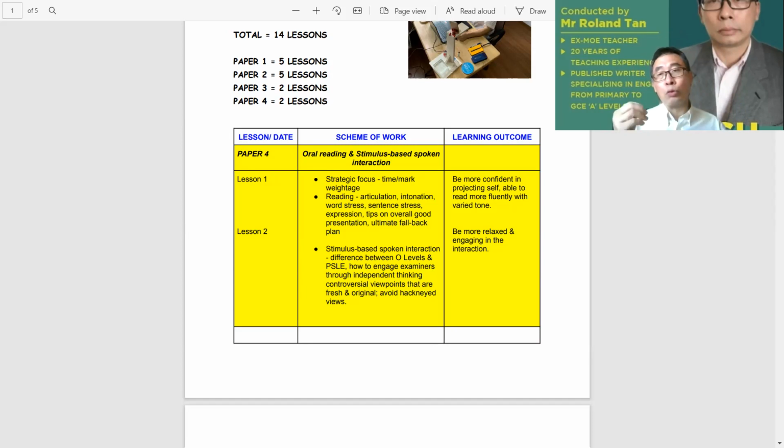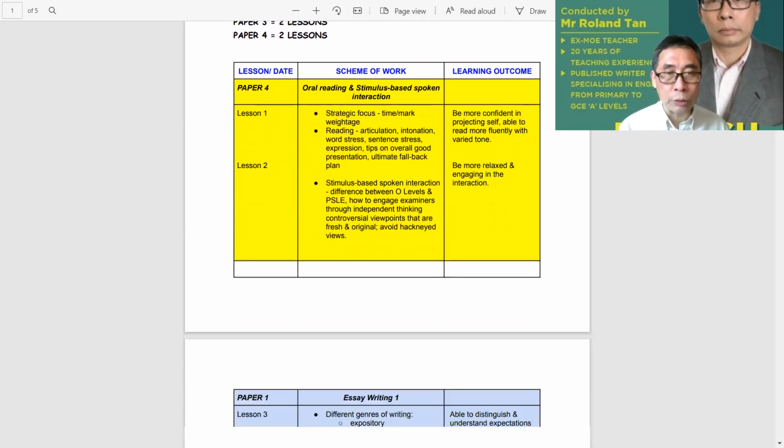Sometimes you may need to present very original viewpoints to the extent that they may be controversial. But no worries, this is far better than giving straightforward, off-the-cuff, hackneyed views, which bore the examiners. So at the end of this lesson too, you'll be more relaxed and be able to engage well in the interaction with the examiners.